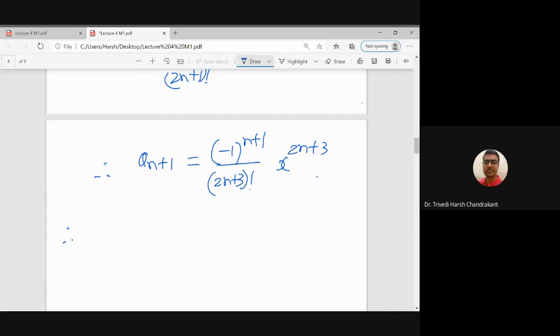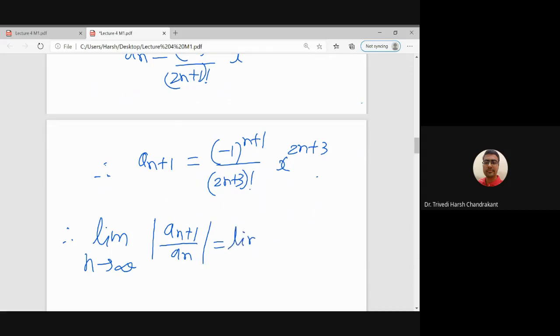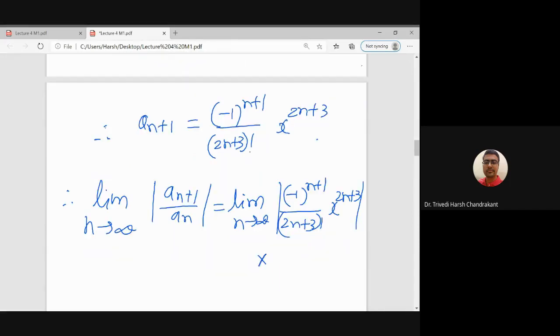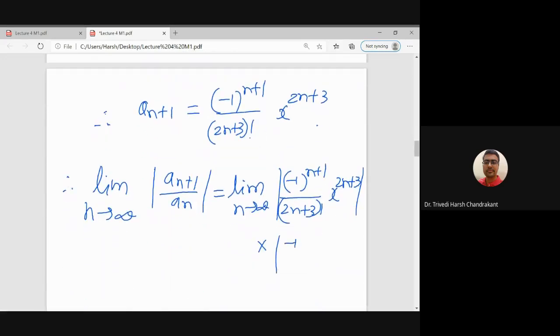So therefore, the ratio will be limit n tends to infinity modulus of a_(n+1) by a_n, that is limit n tends to infinity. So a_(n+1) is this term, into modulus of a_n, so that is minus 1 power n, 2n plus 1 factorial into x power 2n plus 1.